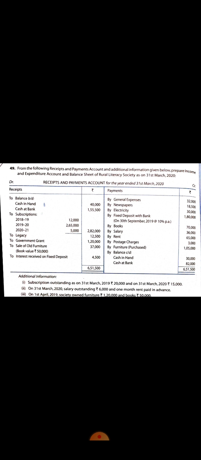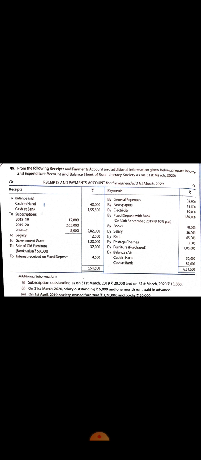So interest is 9,000. But interest received is only rupees 4,500. Accrued interest 4,500. Total interest credited to income and expenditure account is rupees 9,000.